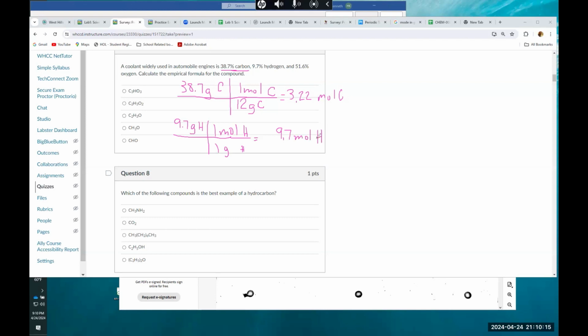And then 51.6 grams of oxygen, 1 mole for oxygen 16. That's right, 16.